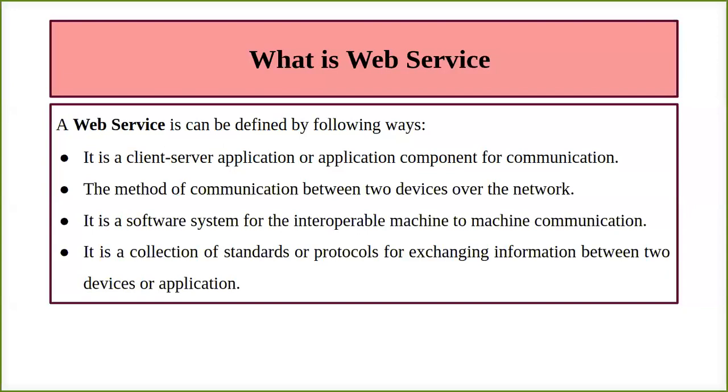A web service is also called a method of communication between two devices over the network. Over the network, remotely, if you want to communicate with some other device, and one device has an application written completely in EJB, and the device at the other end is written in some other language, to make that communication possible, we are going to have a web service in between.